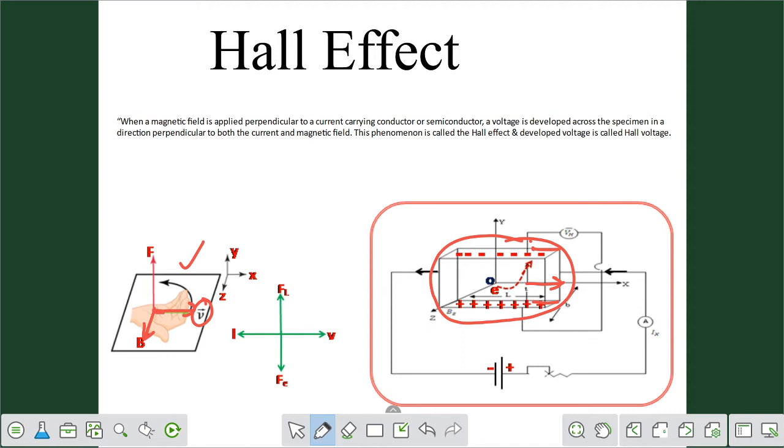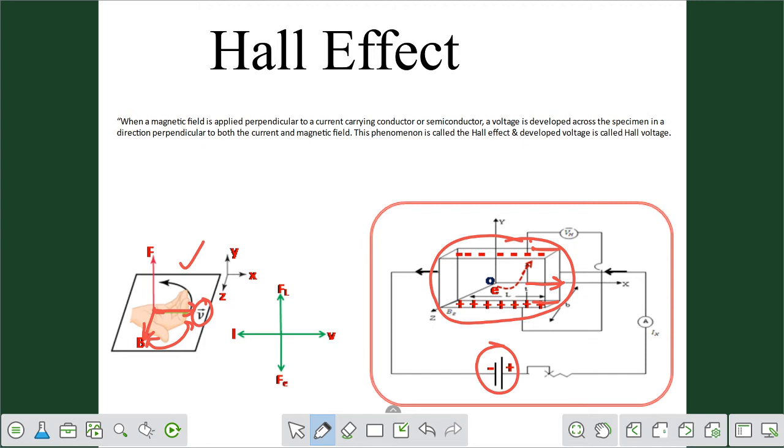So a Lorentz force will be developed perpendicular to both the magnetic field and the direction of the electron velocity, which is called the drift velocity, and that drift velocity is proportional to the applied electric field, which we apply by connecting the external power supply.